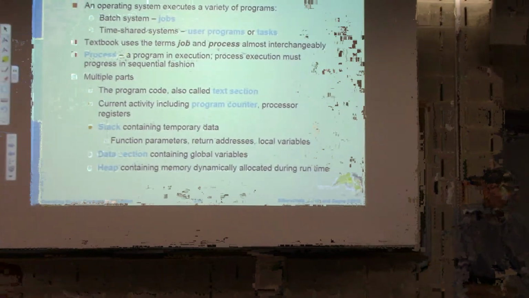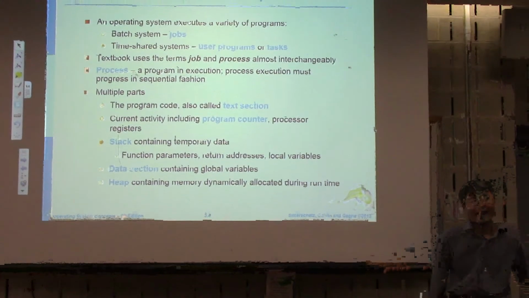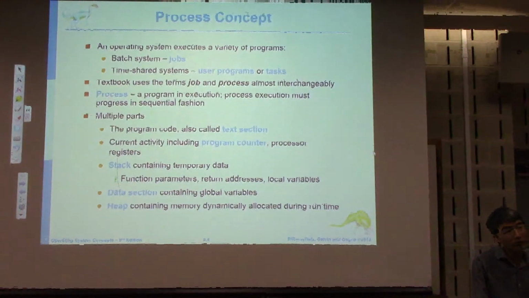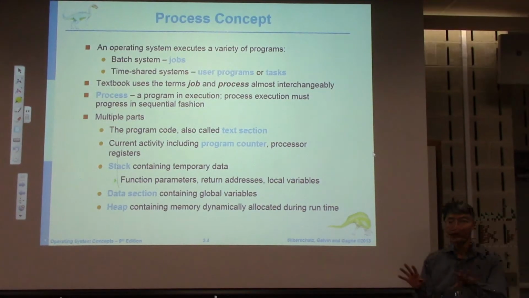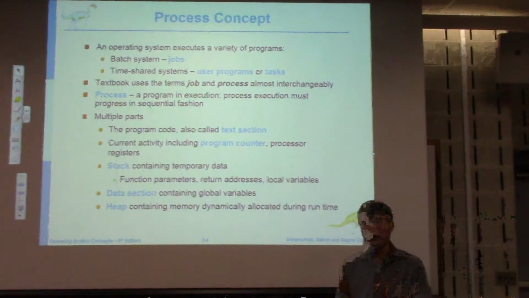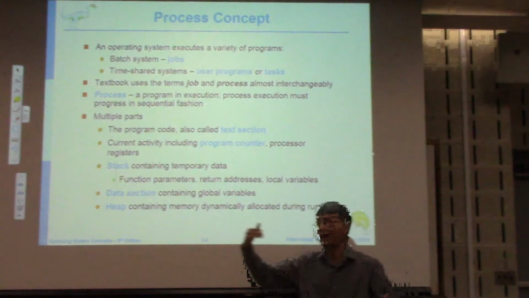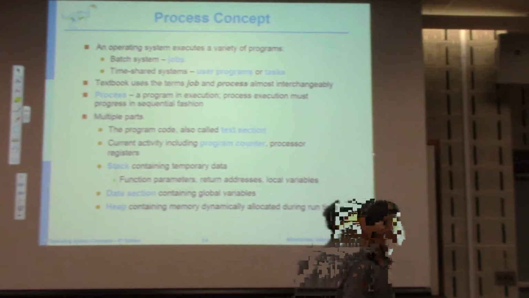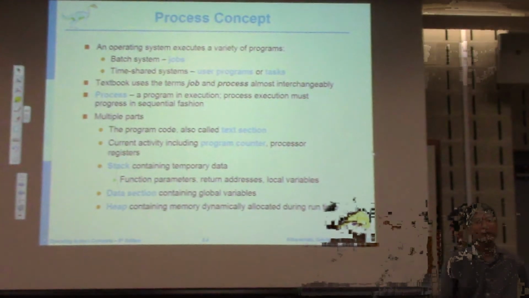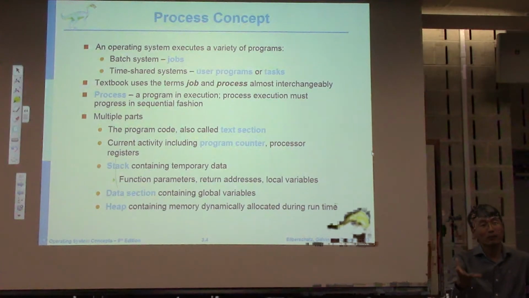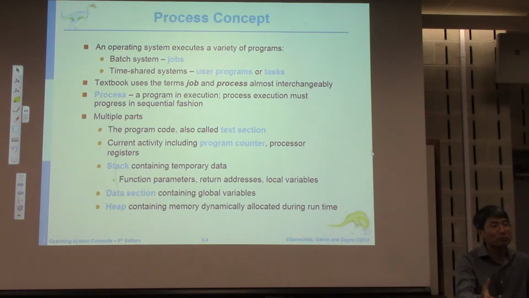So in this class, even in the textbook, we use job and process interchangeably. If we need to clarify that this is a batch job or a long-running job rather than a task, I will mention it. But when I say creating a job, it means creating a process, and scheduling a job means scheduling a process.